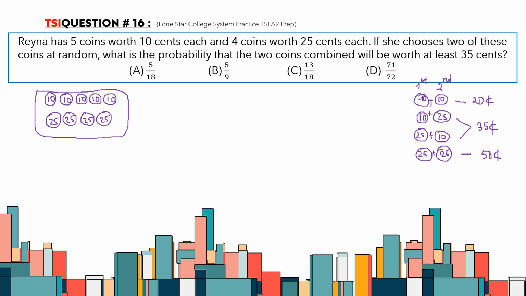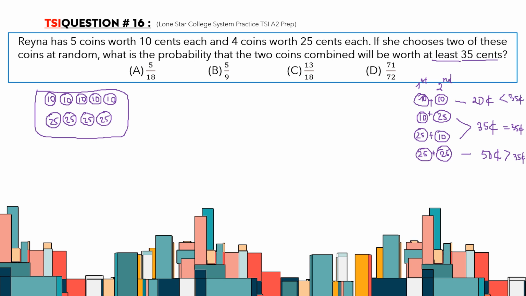So we want to be at least 35 cents. At least means equal to 35 cents or above. So this one equals 35 cents. This one is greater than 35 cents. Okay? And this one is less than 35 cents.